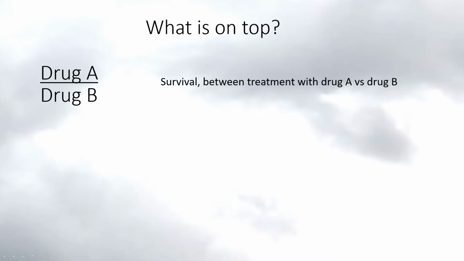Anyway, let's start off with what is on top of your calculation. So let's say you want to compare drug A to drug B, and we are talking about survival between treatments with drug A versus drug B. Now, in this case, because survival is the outcome that we are measuring, the higher numbers in this particular calculation will be in drug A's favour.